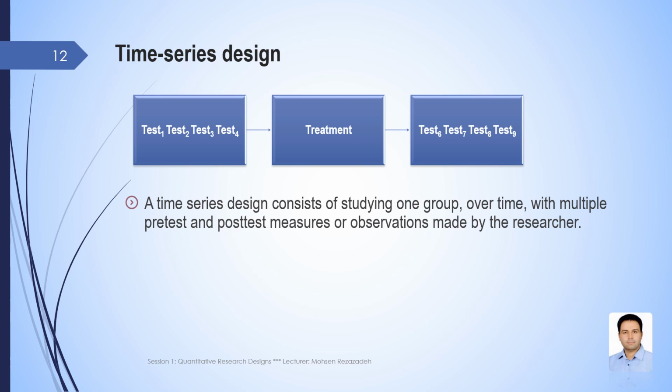A time series design consists of studying one group only over a period of time and has multiple pre-tests and multiple post-tests or observations by the researcher. For example, let's think that our topic is the effect of instruction on learning English articles, and we want to use time series design.